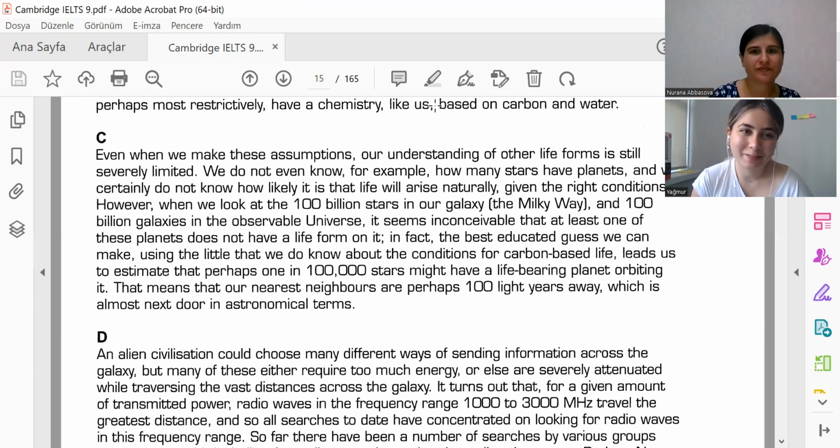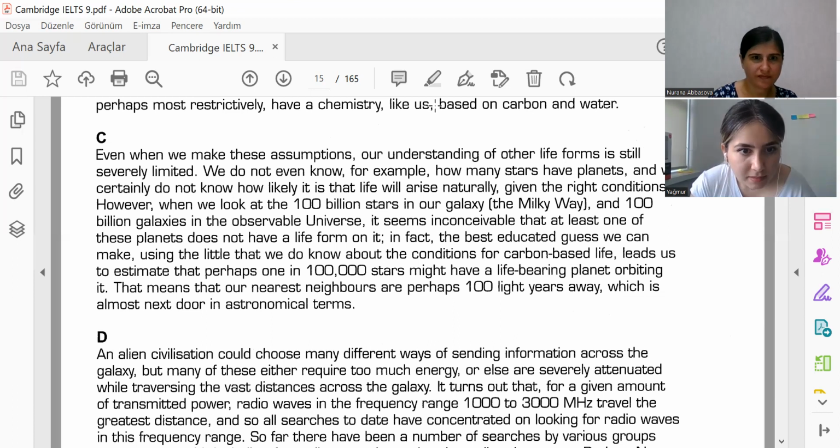Even when we make these assumptions, our understanding of other life forms is still severely limited. We do not even know, for example, how many stars have planets, and we certainly do not know how likely it is that life will arise naturally, given the right conditions.